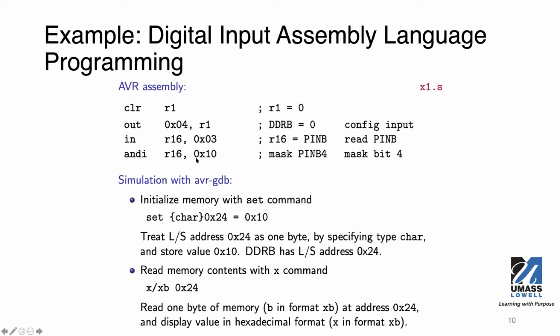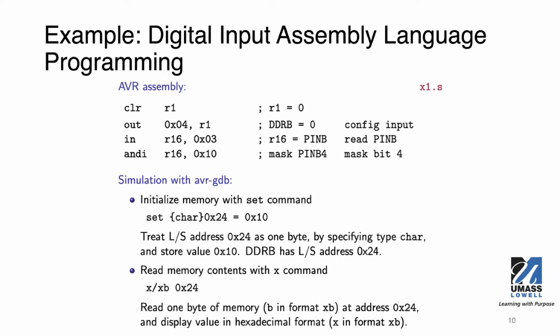So when you AND this, you basically mask out all the other bits except bit number 4. Up to this point, you will have the value on bit number 4 stored in the result register, R16.